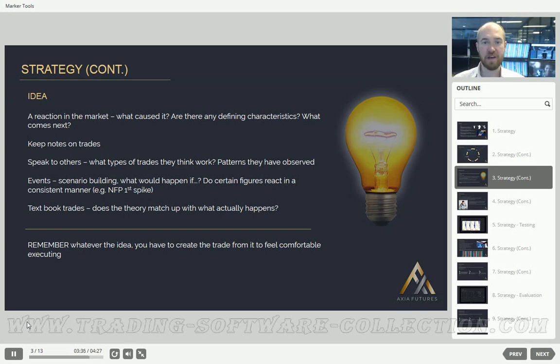So a textbook trade there was in fact doing the complete opposite, and you had a much greater chance of making some money by actually going against that idea.